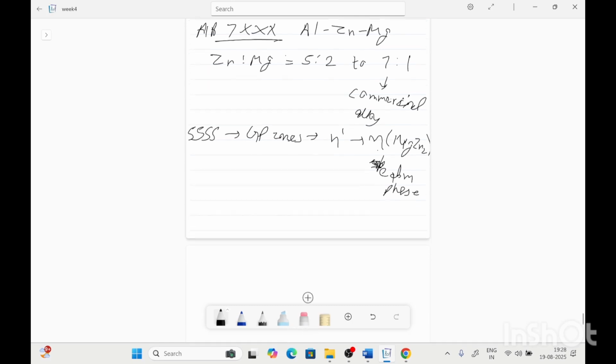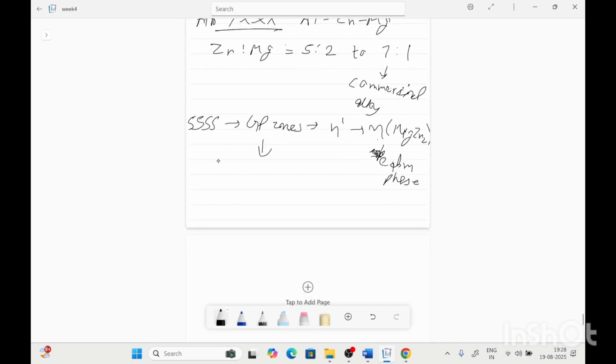So in this also the GP zones first are the zinc cluster in spherical form, and then the magnesium atoms will join.